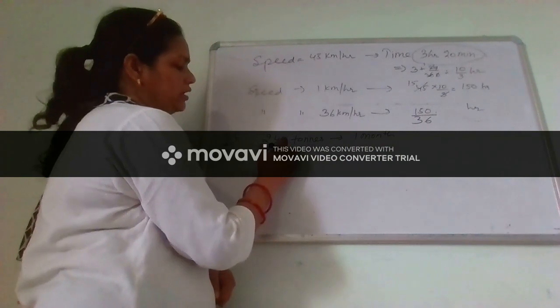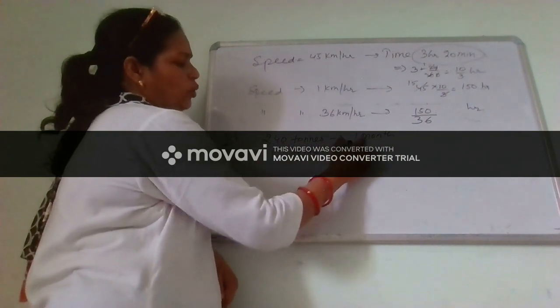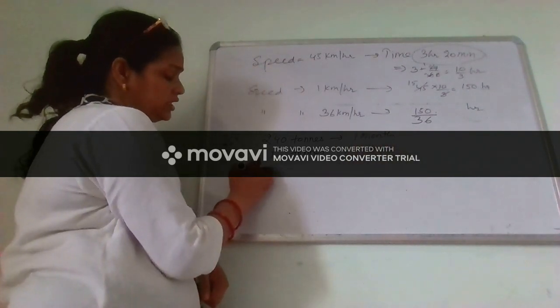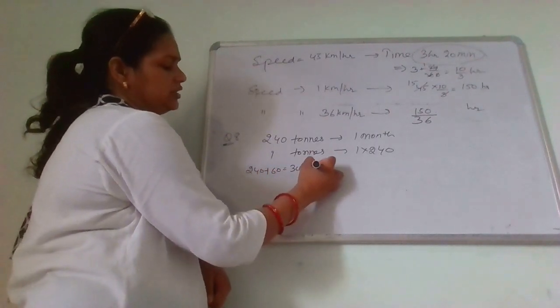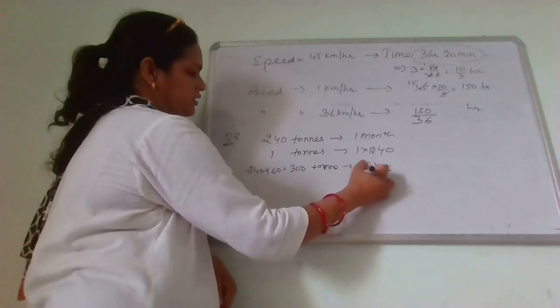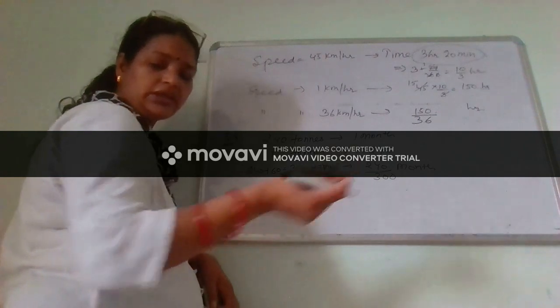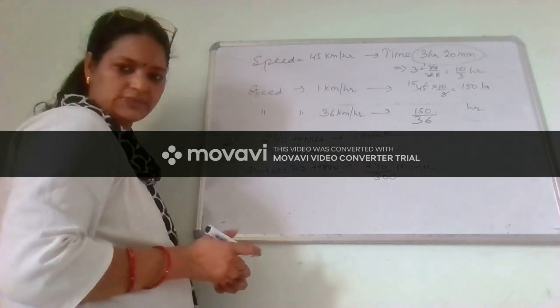So 1 ton equals how many months? 1 into 240, and then it is 240 plus 60. So this is how much? 300 tons. So you will divide 240 by 300 months. If it comes in fraction, you can convert it into days also. So you will get the value of the days.